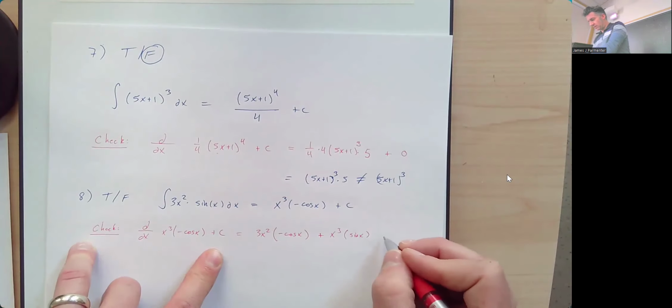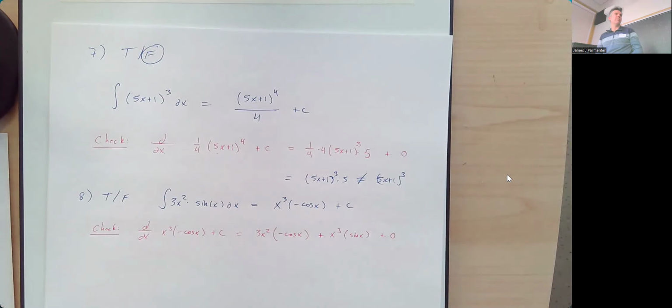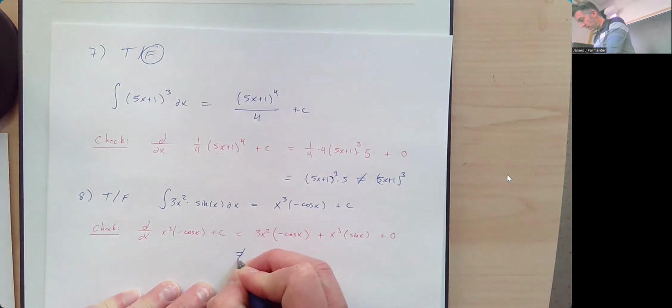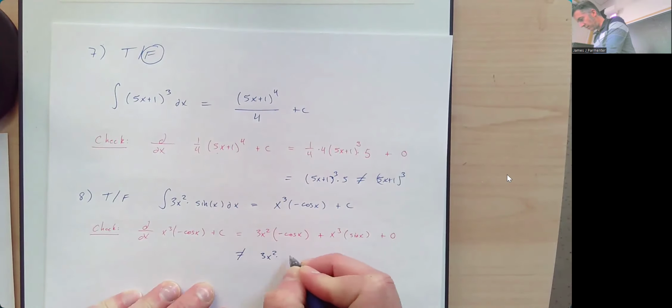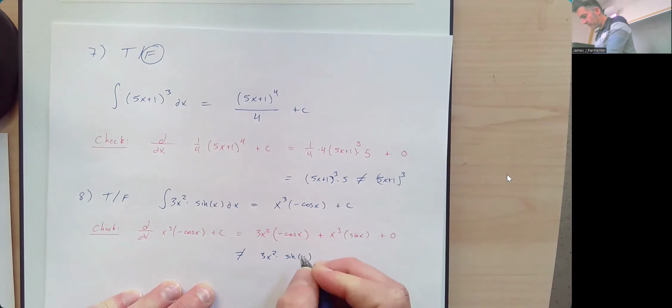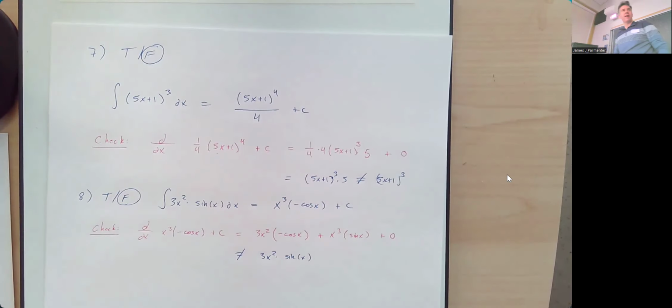And then the derivative of c is 0. I don't think you really need to write the plus 0, but okay. And that is definitely not the same as 3x squared times sine of x. So also false. That integral is not equal to x cubed times negative cosine.